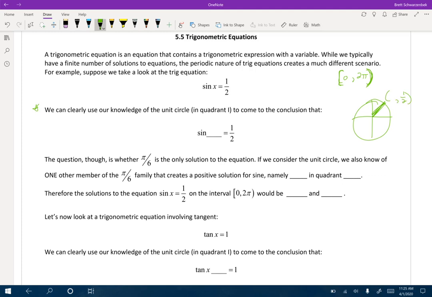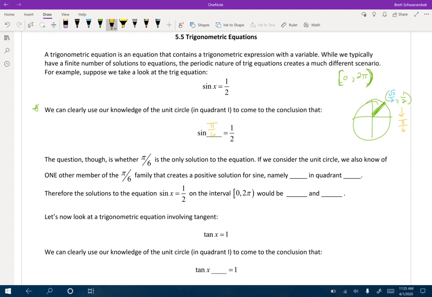Well, you know that in order for that to happen, the x coordinate has to be √3/2, and that means we are dealing with the angle pi over 6, which means the sine of pi over 6 is indeed 1/2.